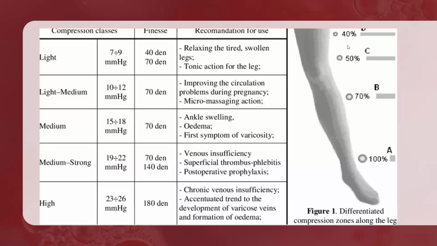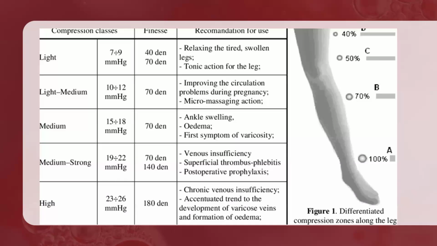A, B, C, and D are the differentiated compression zones of the leg, wherein there is 100% compression over here in the distal gaiter area, 70% in the lower calf, and 50% over the mid thigh, and the calf will be around 40%.